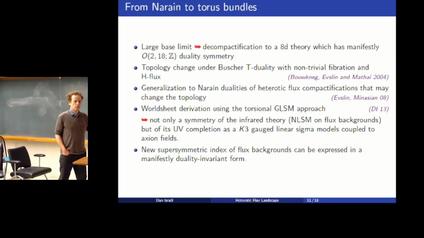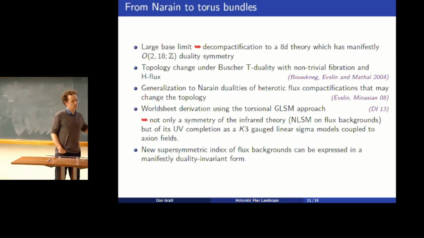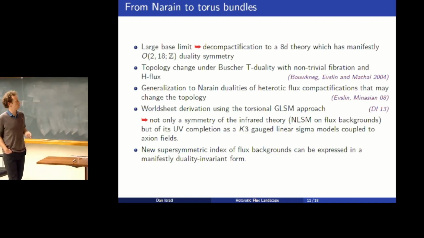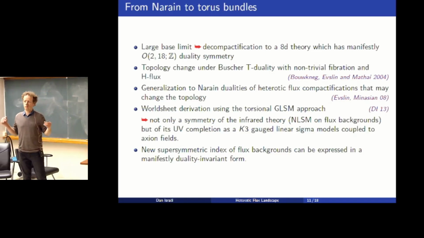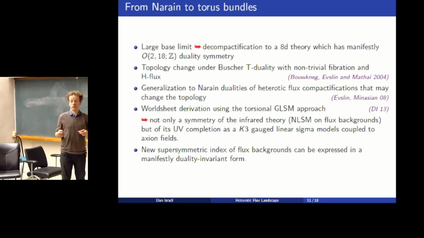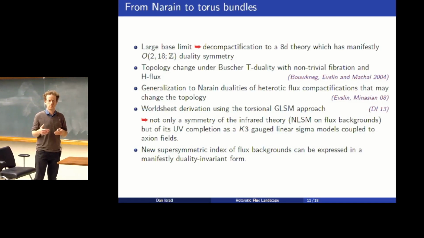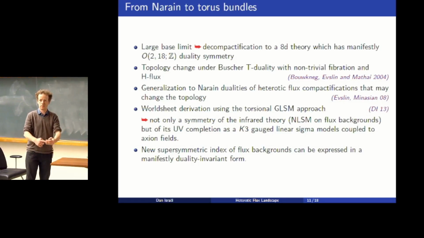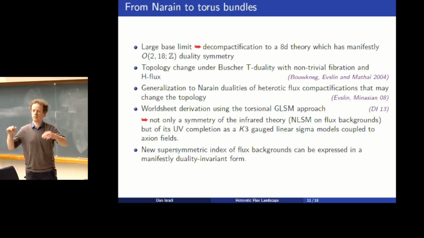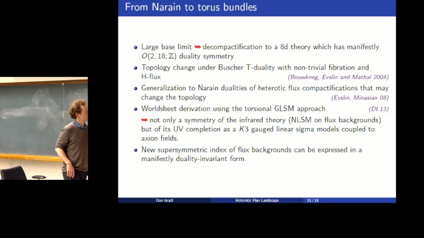And also, to be even more sure that these are valid symmetries, you can start, and this is something that I did 10 years ago, with the gauged linear sigma model description of those backgrounds and perform dualities à la Buscher, which tells you that it's not only a symmetry of the infrared limit of the gauged linear sigma model, but it's an exact symmetry of the model even in the UV. Okay.